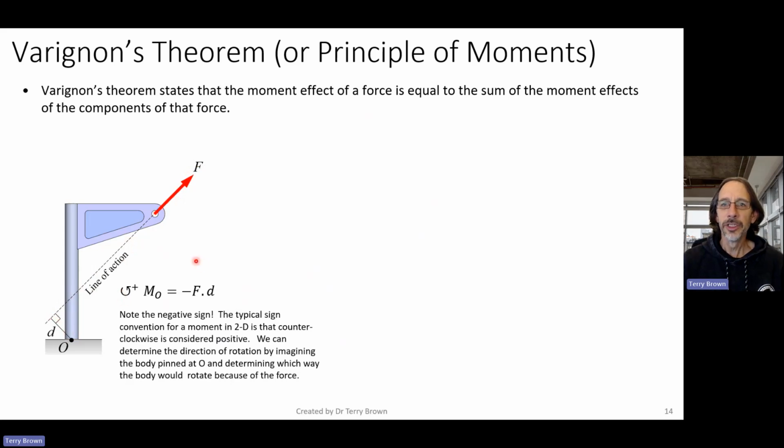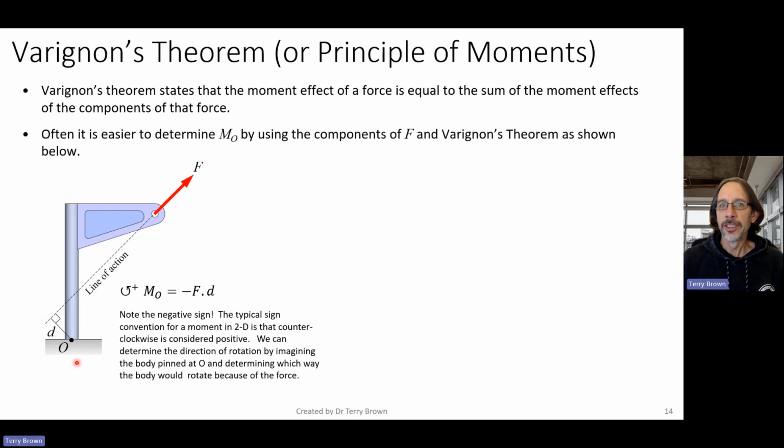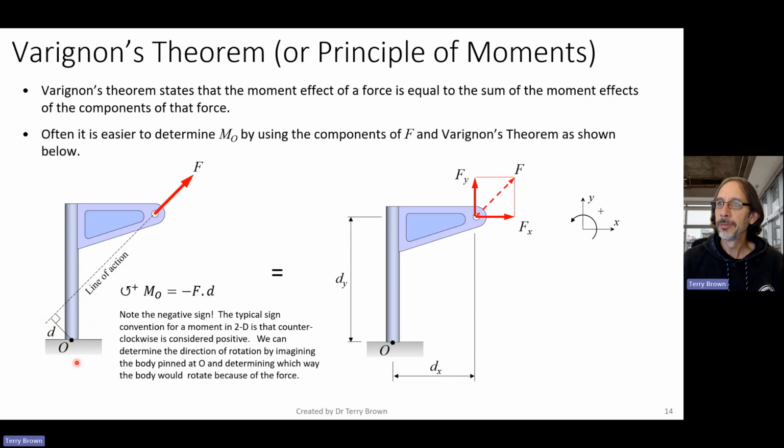So usually that's a little bit more difficult than breaking this force up into its components and finding the moments of each of those component forces. Just note here in the equation that we've got a negative sign, because in this problem we'll end up with a clockwise rotation.